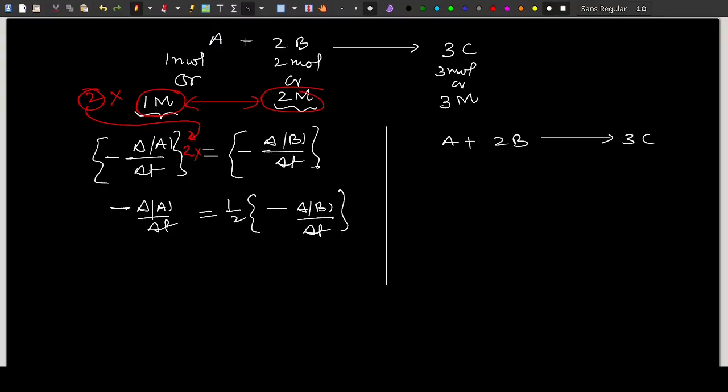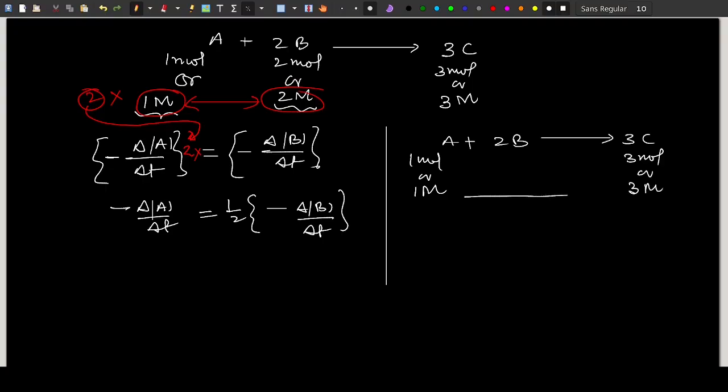Let's make it a little more clear and easy: relate it with this one. 1 mole of A and 3 moles of C, or 1m here and 3m here.